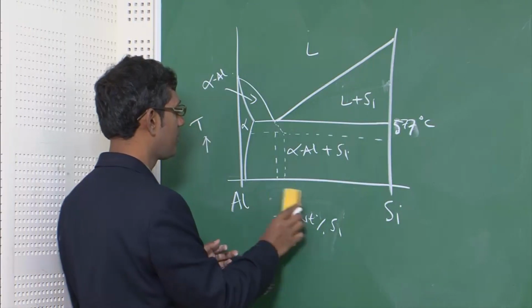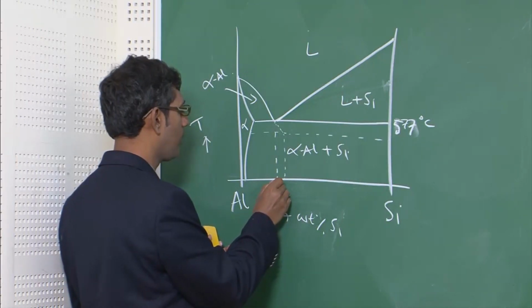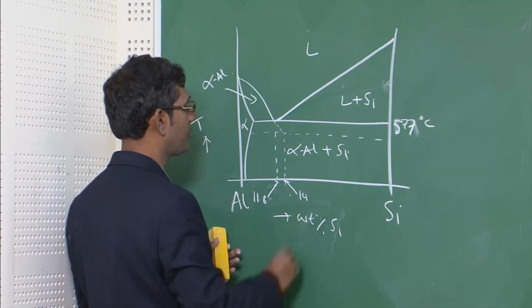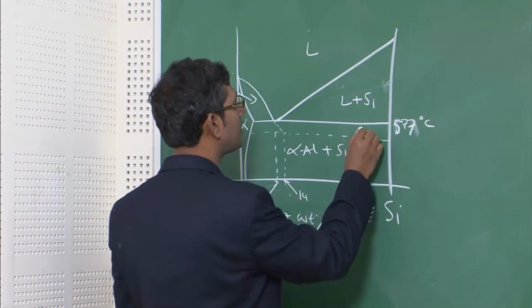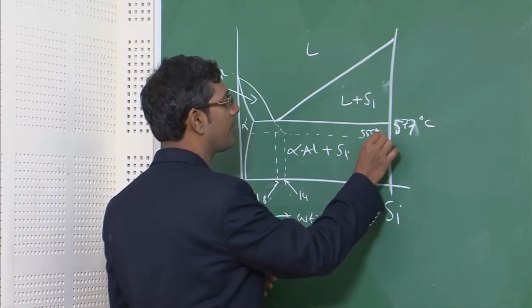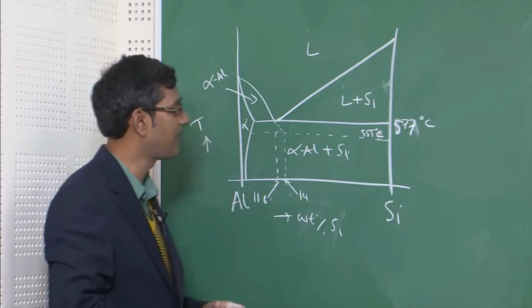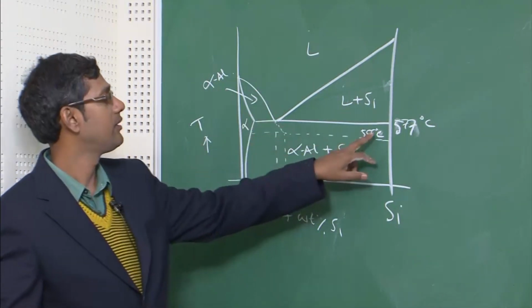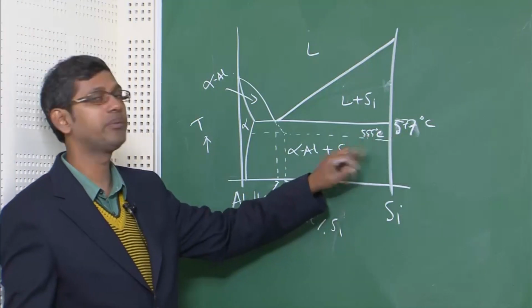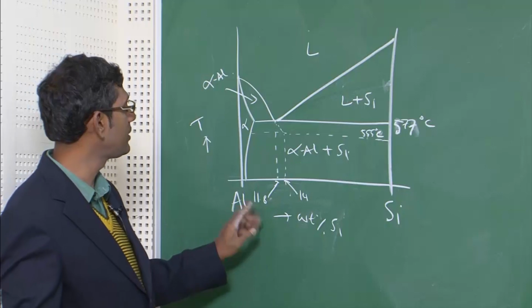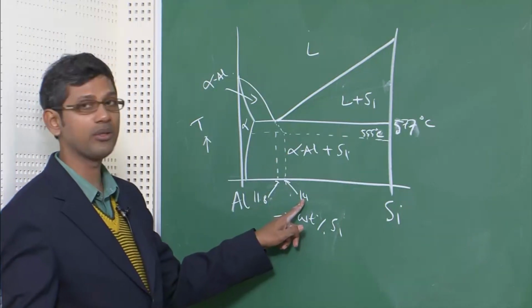So this is the original one, 11.8, and this one is 14 weight percent, and this temperature is 555 degrees Celsius. So that means what? If you make the silicon nucleation difficult, it requires further 22 degrees of undercooling. The difference between 577 and 555 is 22 degrees. And this leads to changing the eutectic composition to 14 weight percent.